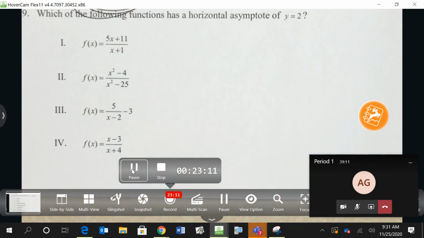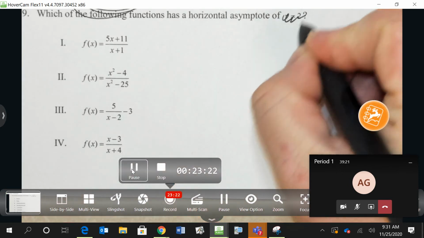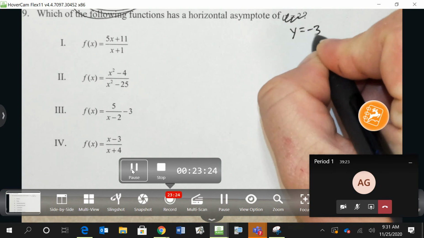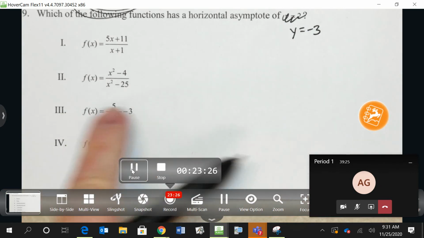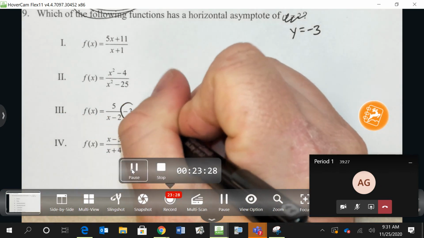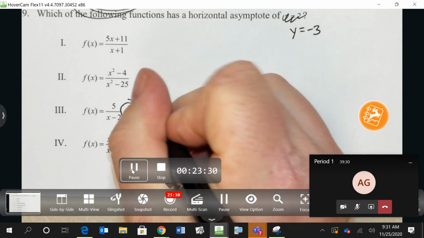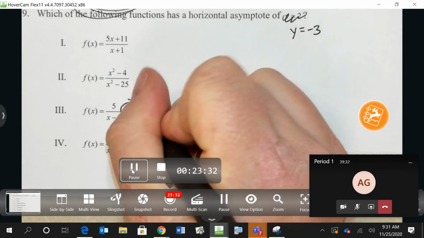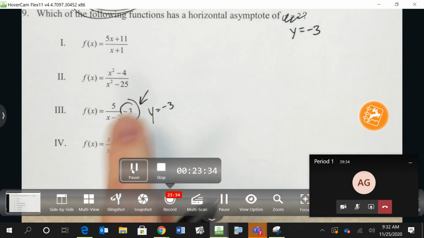And actually, I see a mistake in what I just created, so let me change this right now to a negative 3. In this graphing form, the number all the way in the back will be your horizontal asymptote. So y equals negative 3 is the horizontal asymptote.